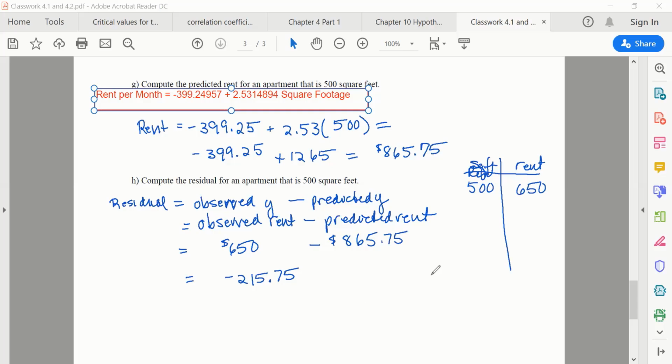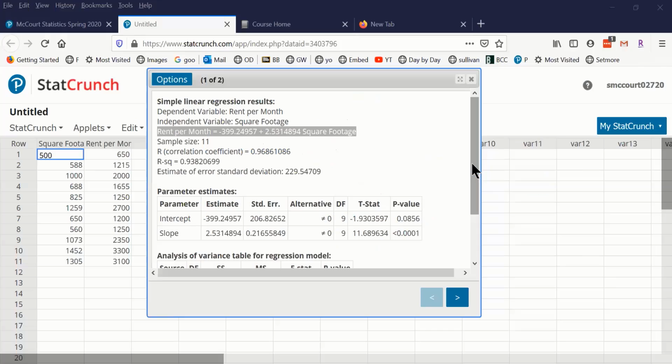So if I go back, I'm going to take a picture of this so you have it. Are there any questions on this? And I'll show you where I got that number from. If you look in StatCrunch, I went to find the number that has a square footage of 500.